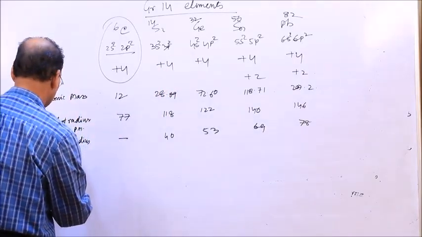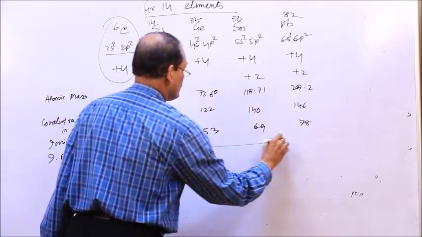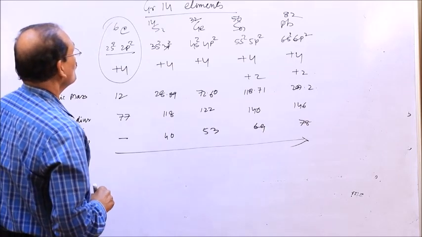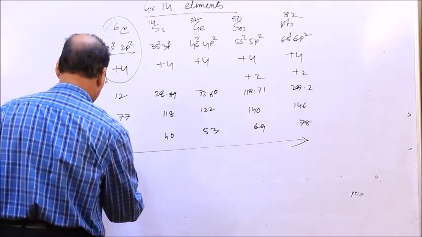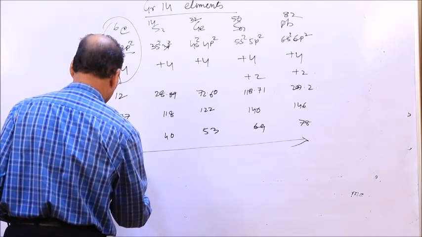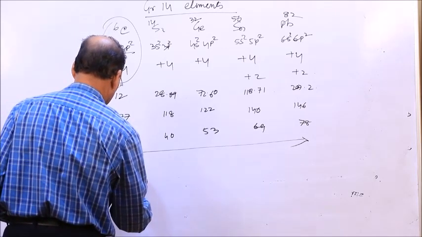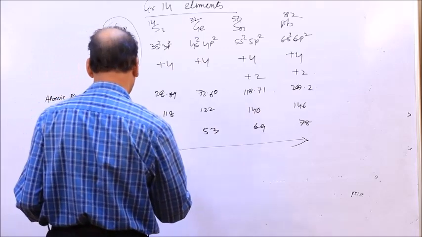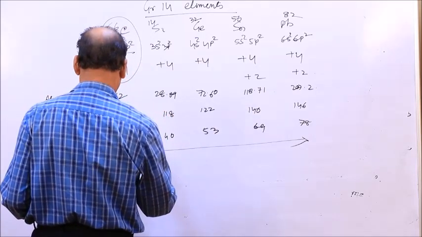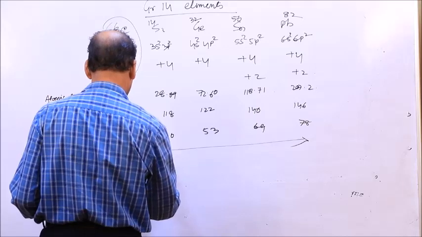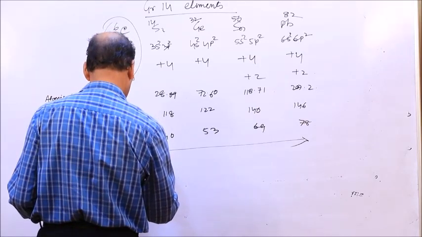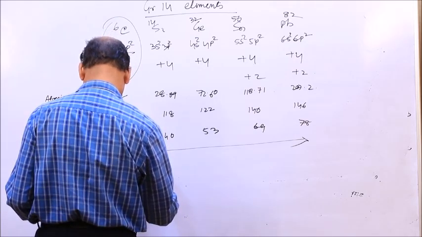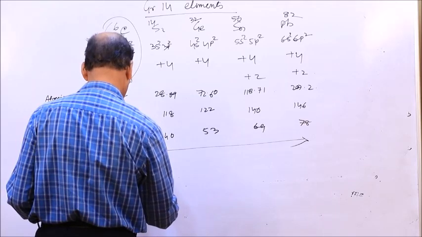The first, second, third and fourth ionization enthalpies ΔH1, ΔH2, ΔH3, ΔH4 are 1086, 2352, 4620 and 6220, and it is maximum in carbon.